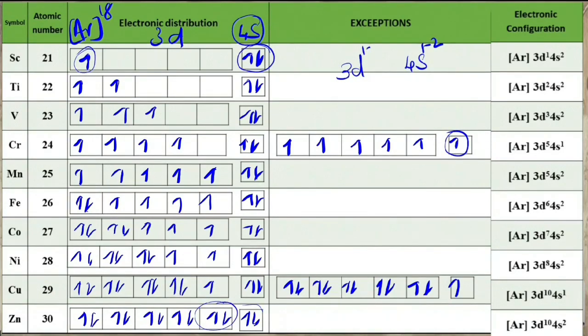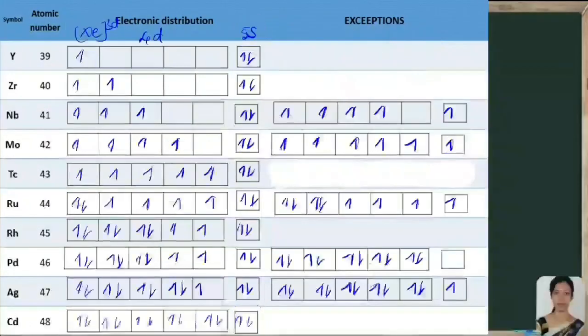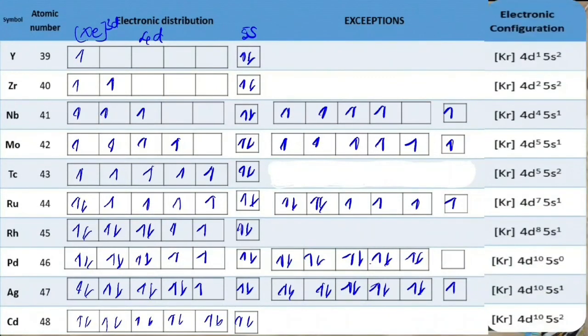This is the general electronic configuration for the 3d series. In a similar way, if you go for the 4d series, you may observe the outer 5s orbital will take 1 or 2 electrons. The inner 4d orbital will take electrons from 1 to 10.